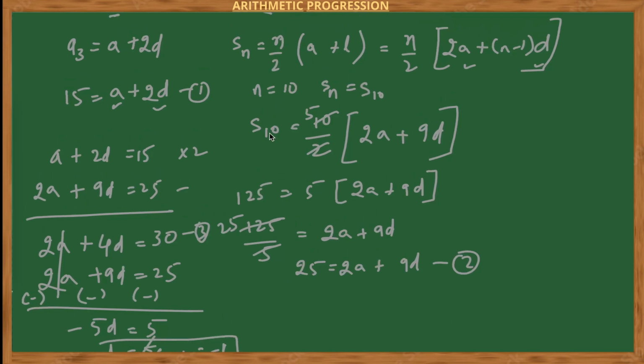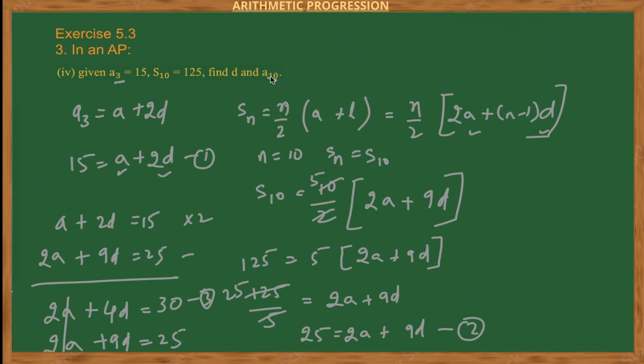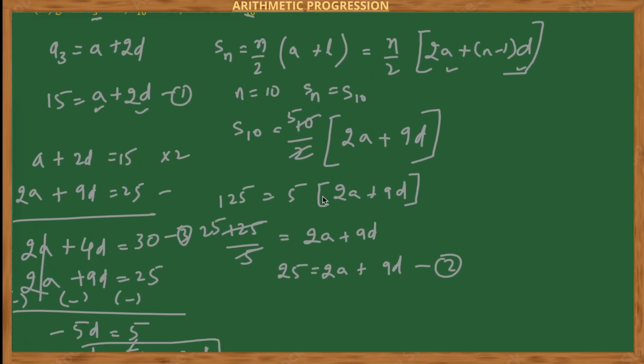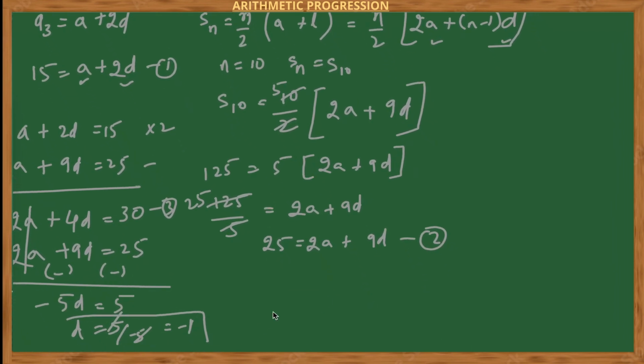So what was the question being asked? The d value. Now we need to find a10. We have the value of d equal to minus 1. Do we have a? We can solve for a by putting the value into any of the equations. Let's put it in a plus 2d is equal to 15.